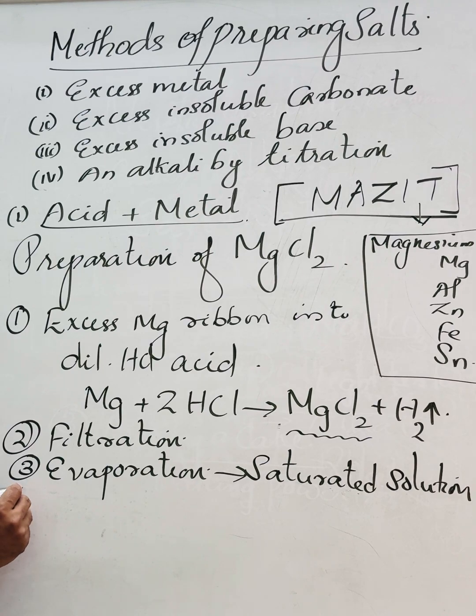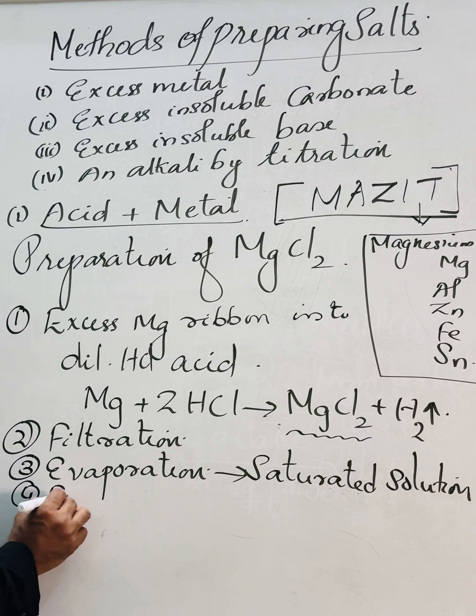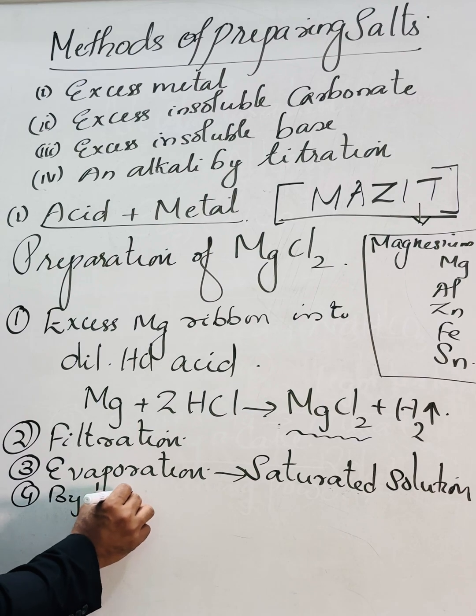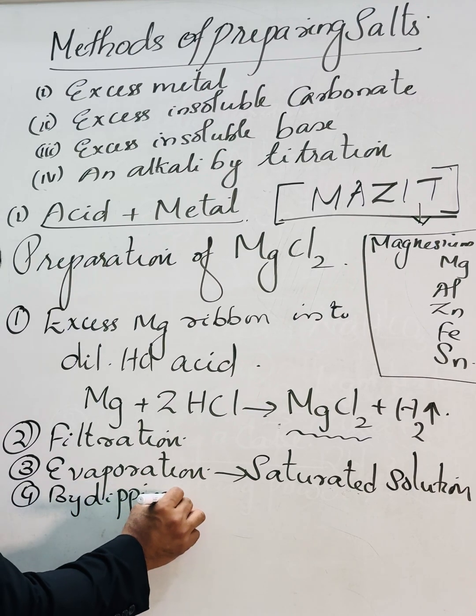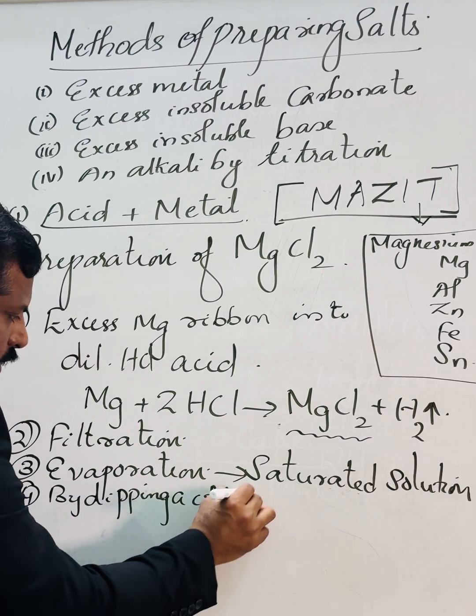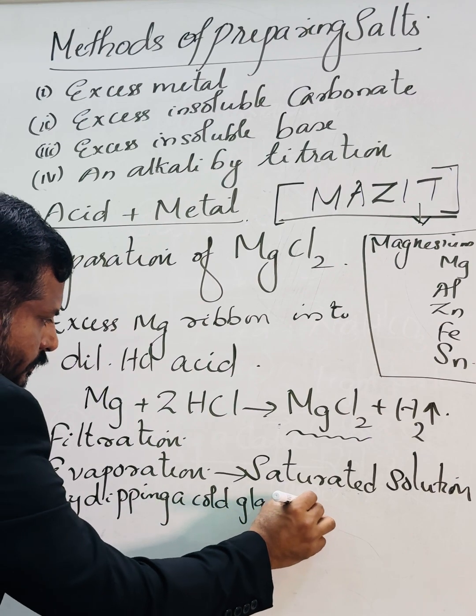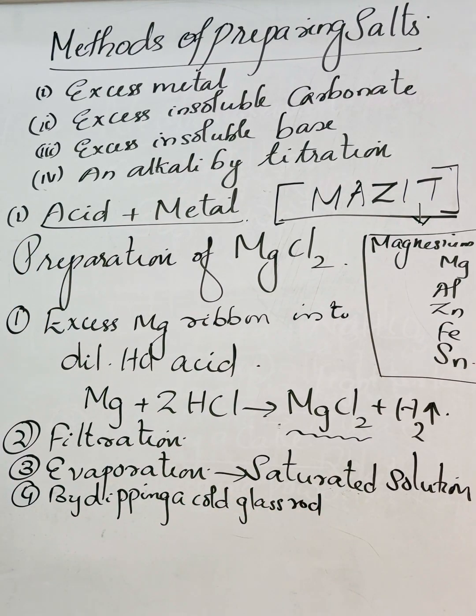This can be tested by dipping a cold glass rod into the saturated solution. At that time you can notice salt formation at the end of the rod. That means the crystallization is ready. At the end of the rod you can notice salt formation.